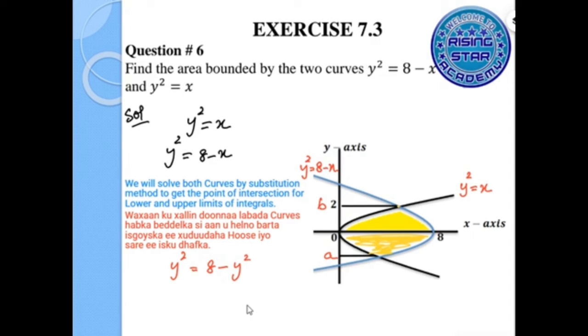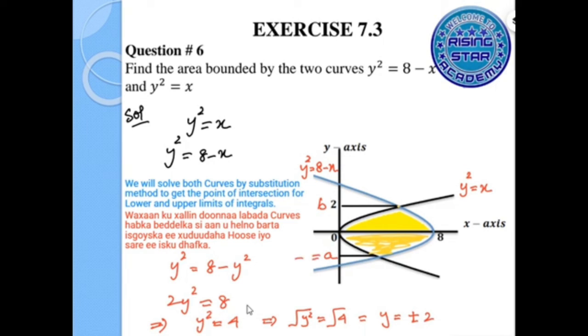So now I would simplify, that would become 2y squared is equal to 8. So this means that we have y squared is equal to 4. When we take the square root, the value would become y is equal to plus minus 2. So these are the lower and the upper limit.